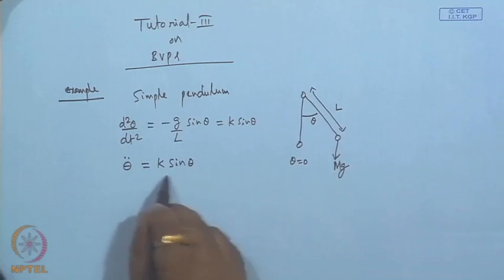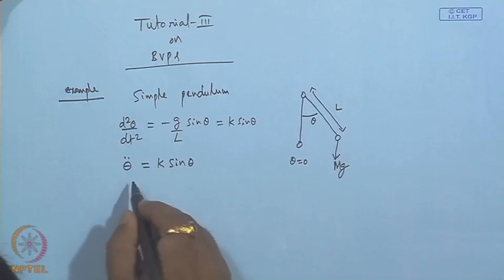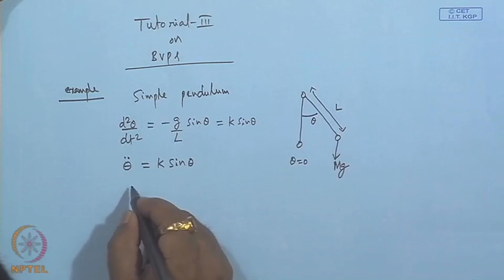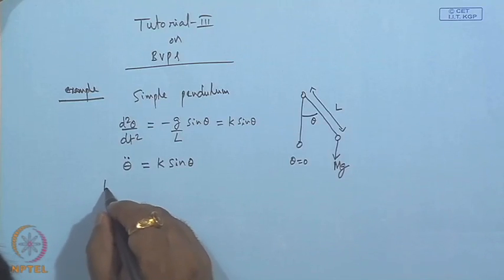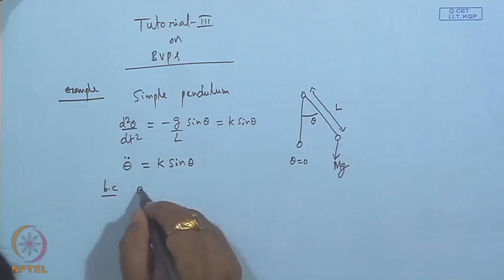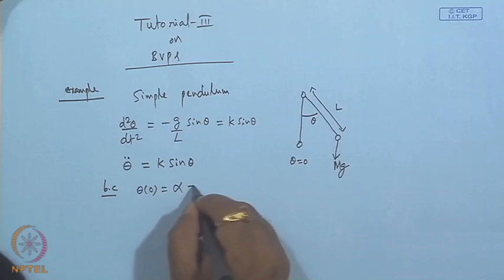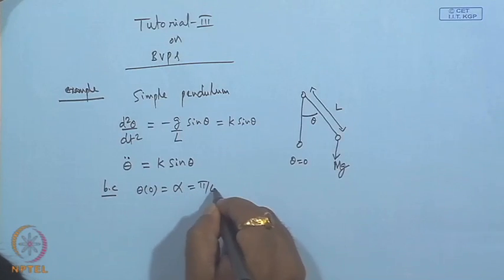So, this is where the nonlinearity is, in the dependent variable. t is the independent variable, and the boundary conditions are theta of 0 is alpha, say pi by 4.